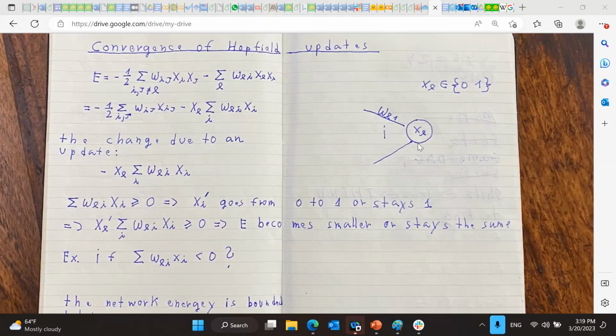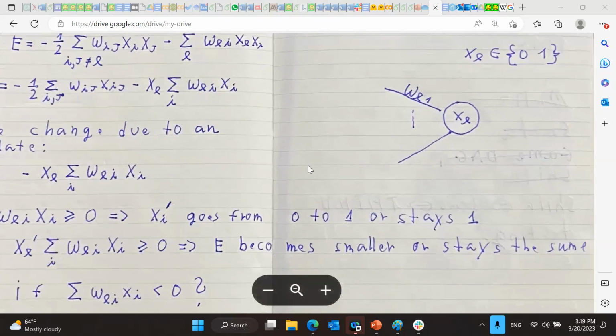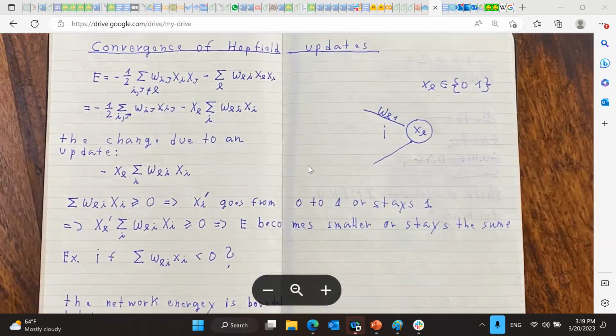And as a result, the energy is also bounded. So essentially what we've seen here is that the process converges, and that's how the retrieval is done in the network.